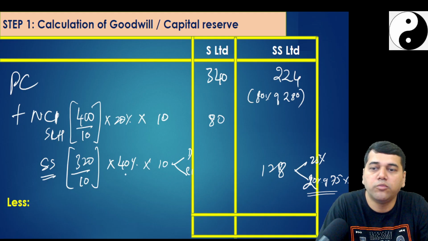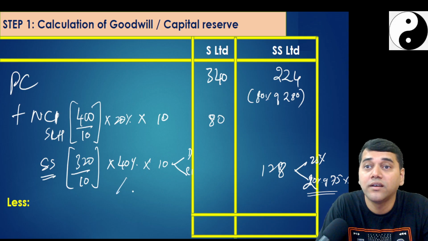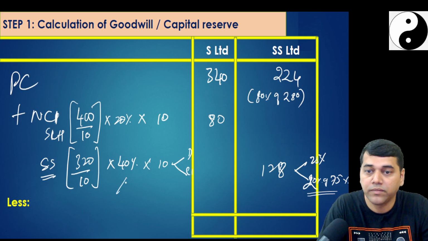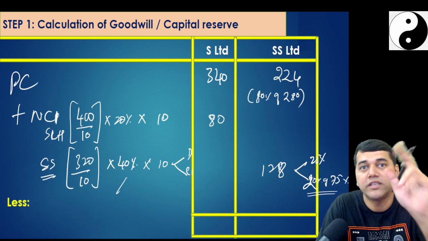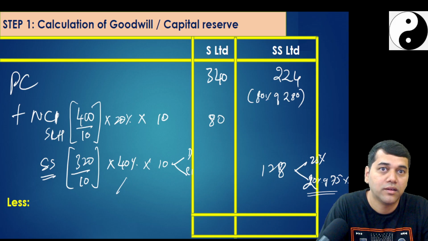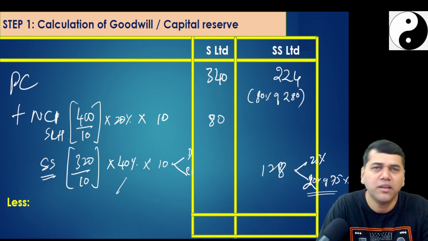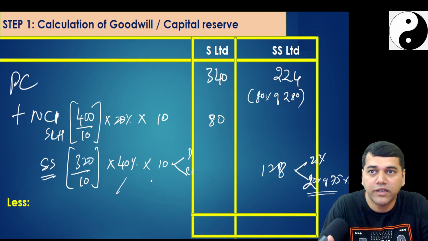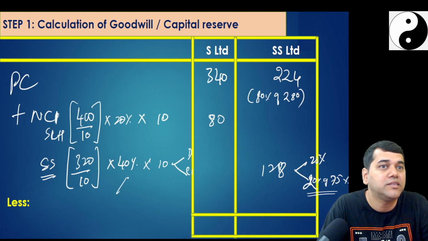See, how much NCI do you have in SS? 40%. In 40, what is that? How did you get 40? Did we not calculate the effective interest first? Working note number 1. Balance is at the SS level. Because if you look at working note number 1, we calculated that chain.